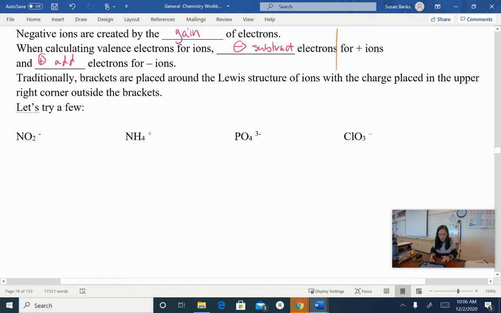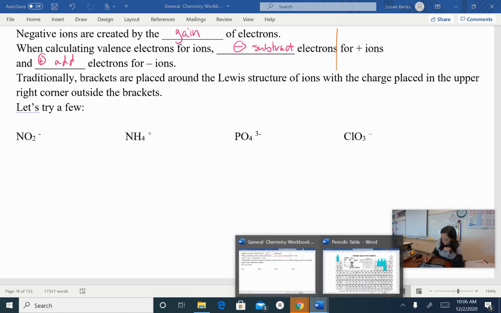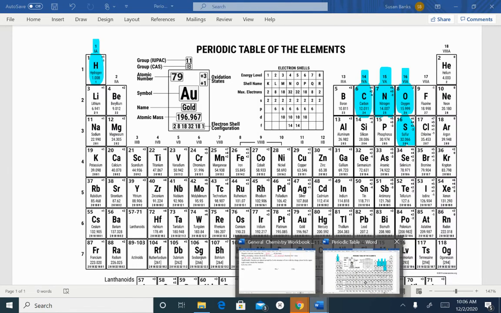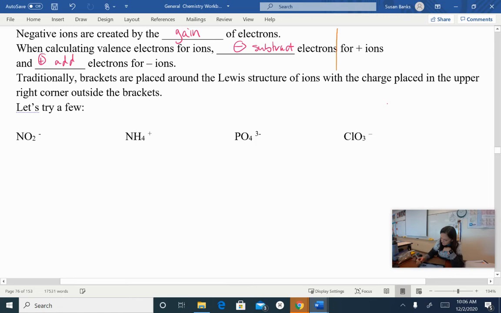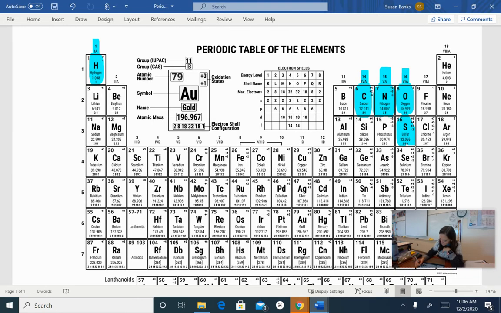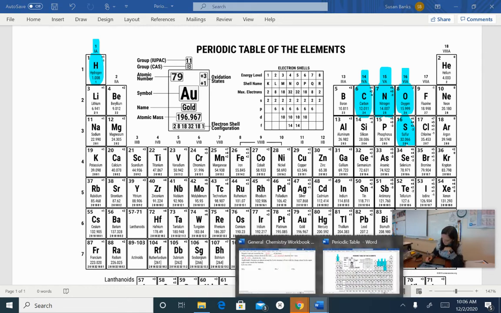So we have NO2 negative. That negative means that there's 1 negative. This is the nitrite ion. So if I look at nitrogen, I've got 5 valence electrons, and oxygen gives me 6 valence electrons.